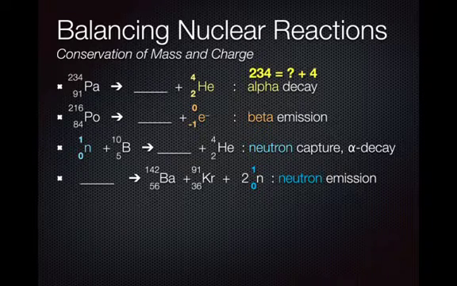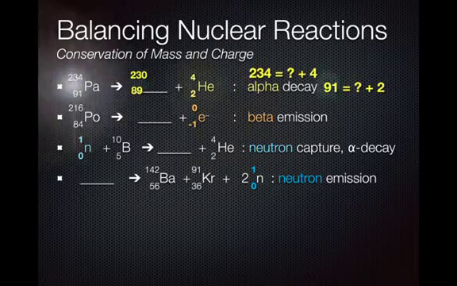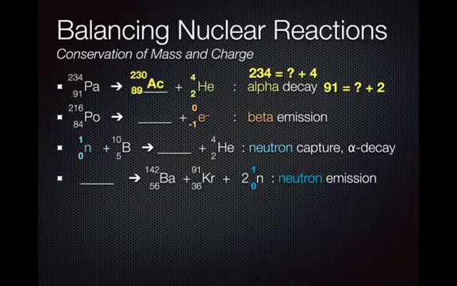So we set up a simple algebra problem and solve it for both the top and the bottom. So then we get 230 and 89, and now the two sides are equal. We'll use the number 89, go to the periodic table, and find the symbol Ac.